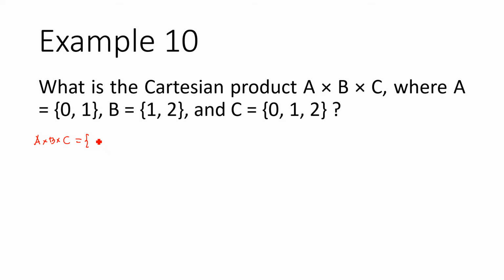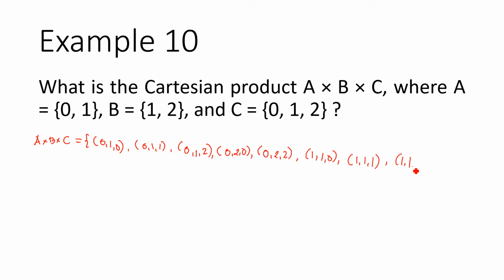Okay, so you have the triples (0, 1, 0), (0, 1, 1), (0, 1, 2), (0, 2, 0), then the triples (0, 2, 2), then (1, 1, 0), (1, 1, 1), (1, 1, 2), then (1, 2, 0), (1, 2, 1), and then (1, 2, 2).